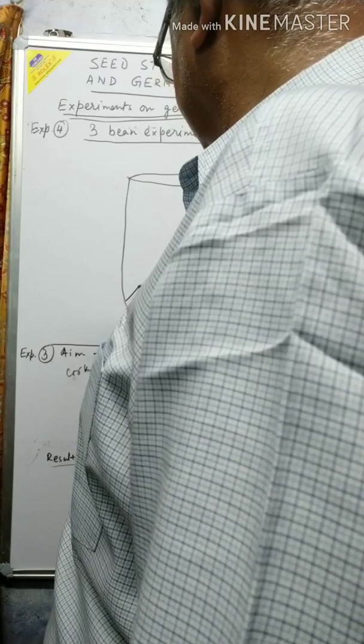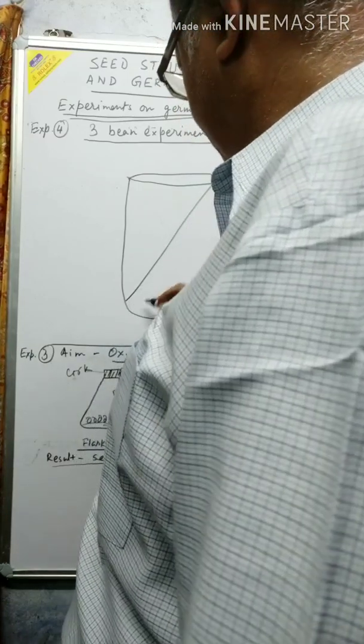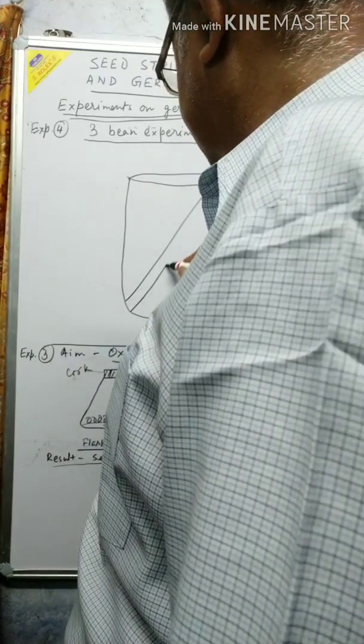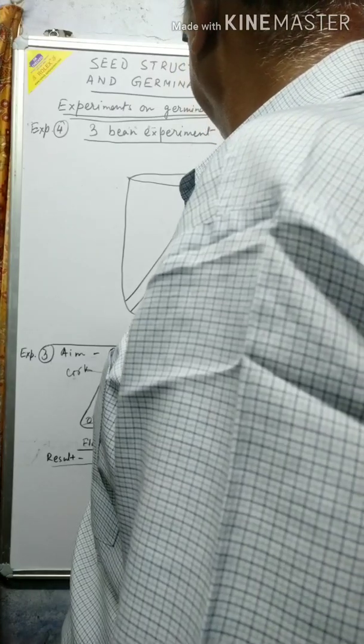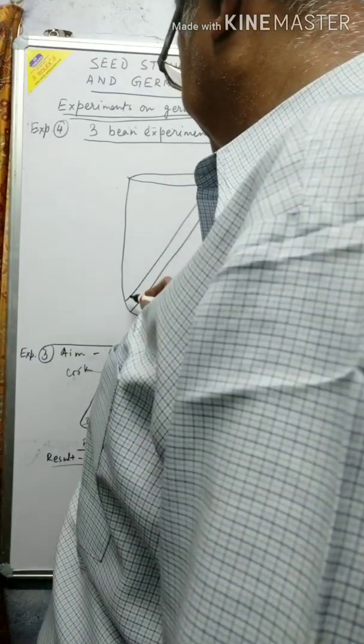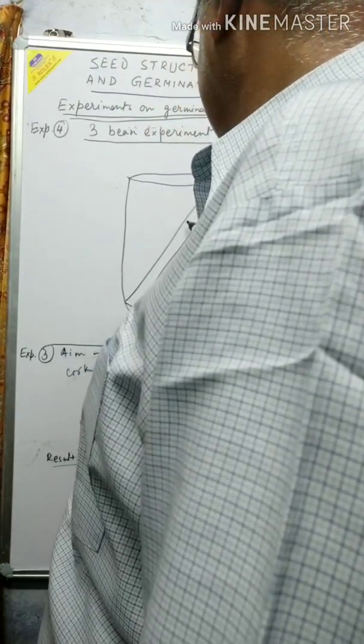And we take a scale, keep it in slanting condition like this, and tie 3 bean seeds in 3 different positions on the scale.